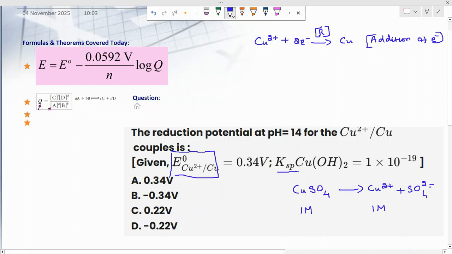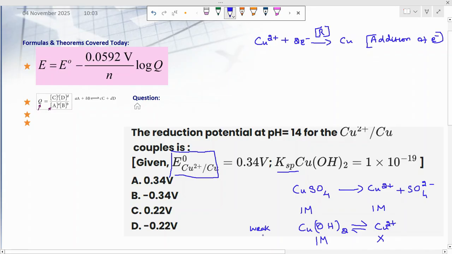But here Cu(OH)2 is not at all a strong electrolyte. So we won't get the same Cu2+ ions as we have taken. If you take 1 molar, we won't get the same 1 molar here because it's a weak electrolyte.